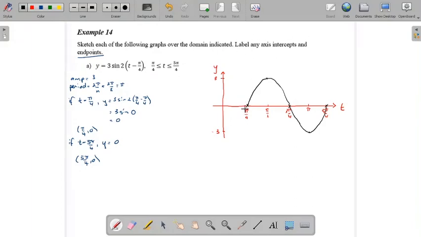Axis intercepts: pi on 4, 3 pi on 4, and 5 pi on 4. Endpoints are at that same point here and here. And we can see our maximums and our minimums are there. So that's nice and clear as well. So that's all that's really necessary in this particular sketch.